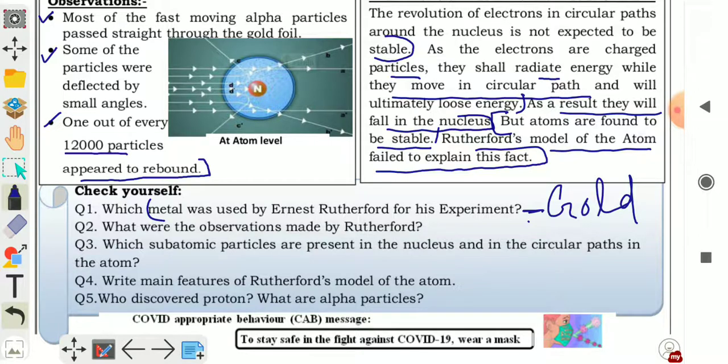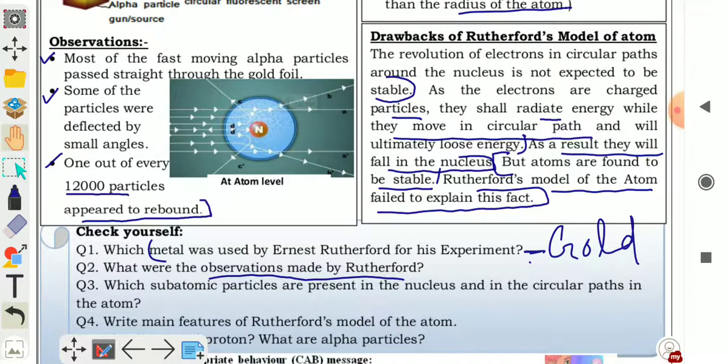Question number 2. What were the observations made by Rutherford? These are the 3 observations which were made by Rutherford. This is your answer 2.